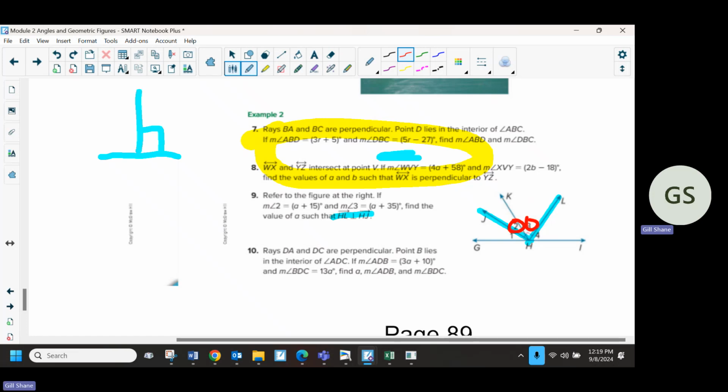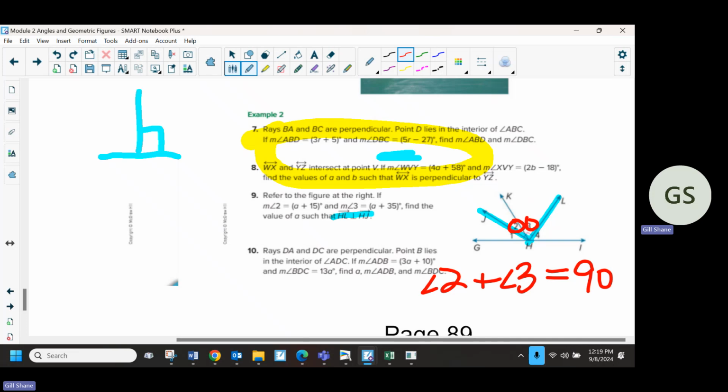Well, if the blue angle is 90, then angle 2 plus angle 3 have to equal 90. I just split the 90 into two angles. Angle 1 and angle 4 are just extra information in this problem. You might use them for some of the other questions, but it doesn't look like any of the other questions use this figure.